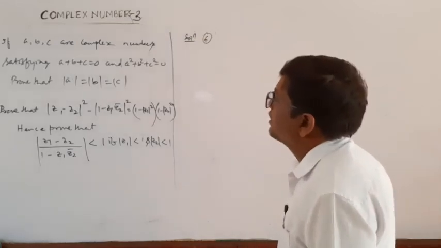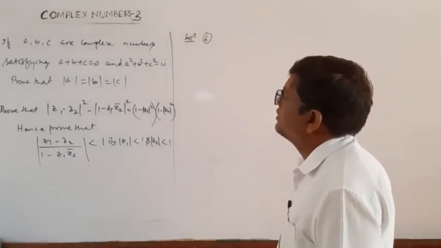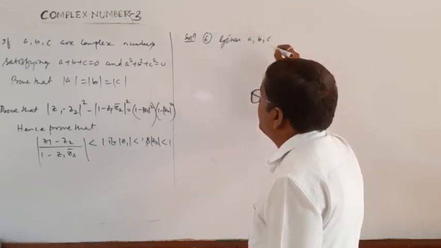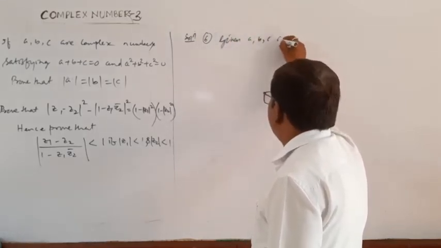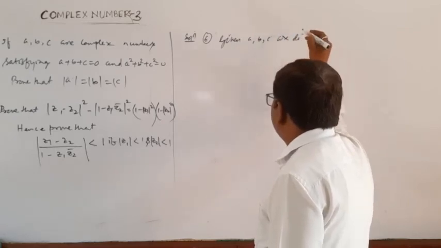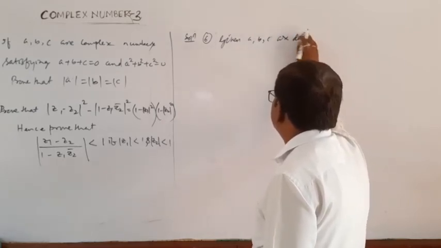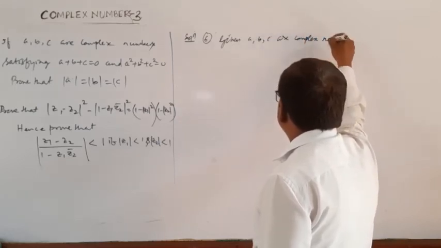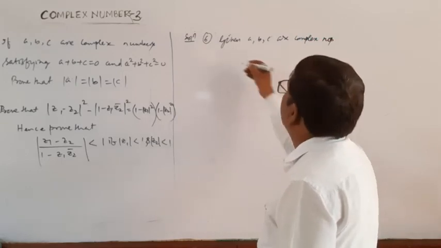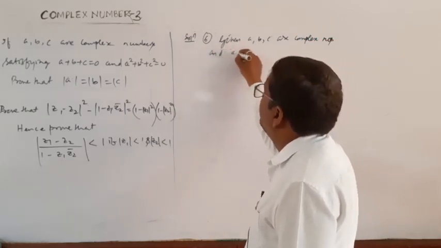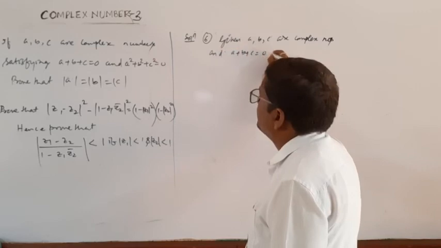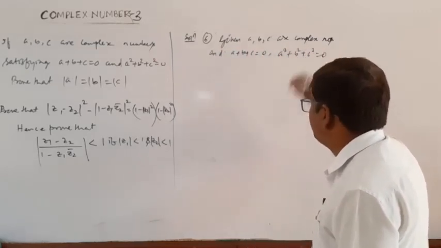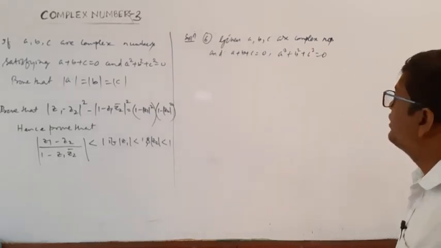If A, B, C are different complex numbers satisfying A plus B plus C is equal to 0, and A square plus B square plus C square is equal to 0.